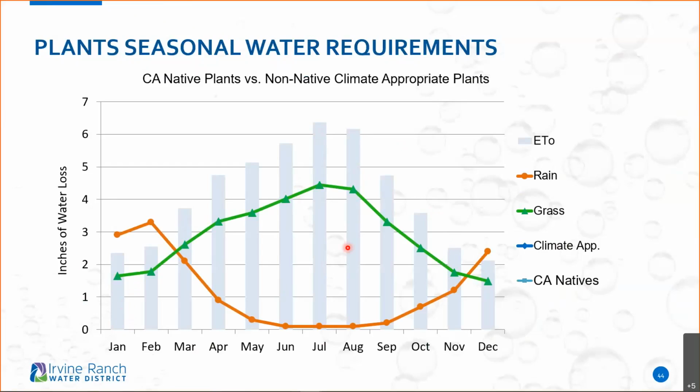This is how much water grass needs throughout the year to keep it healthy. You can see it's a pretty big number. It just follows that curve. As you can see, it's pretty high as far as water use. We never give back exactly what it lost. We only give it back enough to make it look aesthetically acceptable, basically.